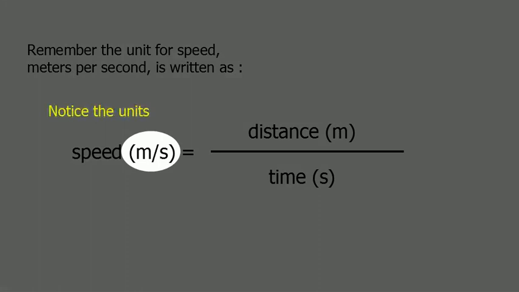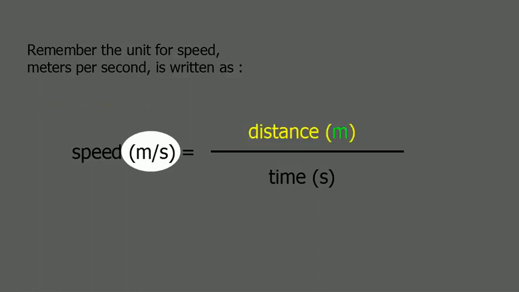Notice that the units of speed are meters over seconds, and to calculate the speed we divide the distance in meters by the time in seconds. Meaning that the units of speed are telling us not only the equation we need to use, but also the units we need for the components of that equation.